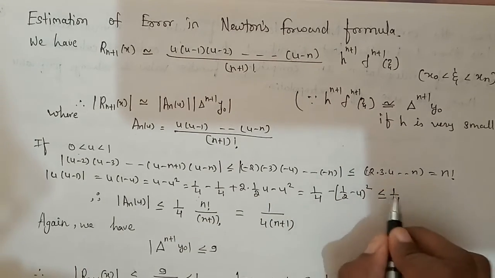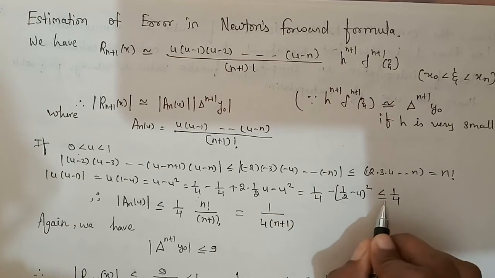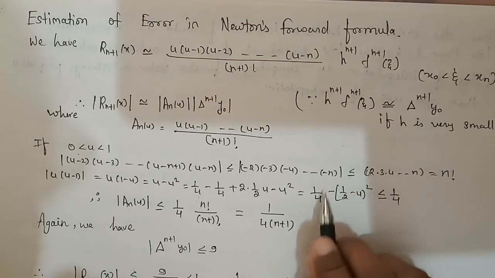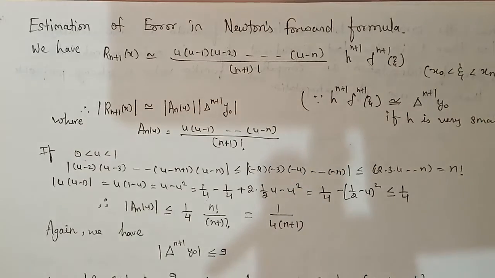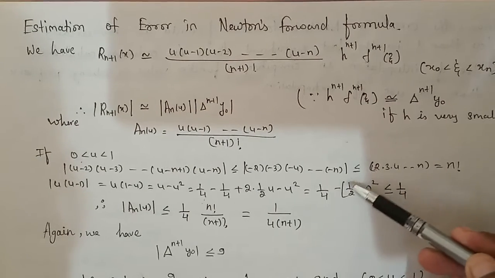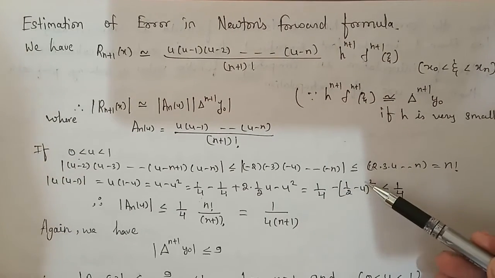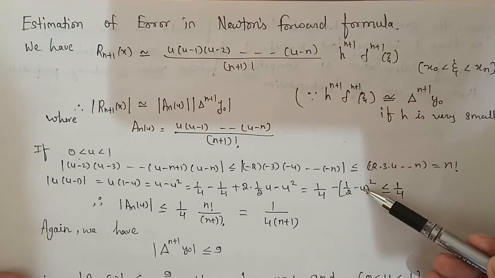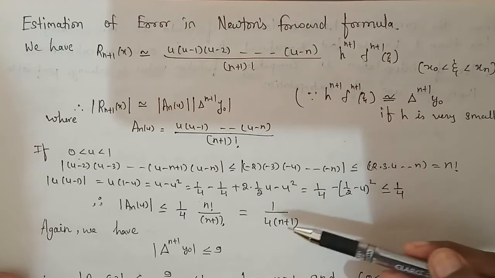From this I can write that this entire term is always less than or equal to 1/4. How can I say this term is always less than 1/4? We are subtracting a square term from 1/4. If it is 0, then 1/4 remains as it is. We have chosen u from 0 to 1.